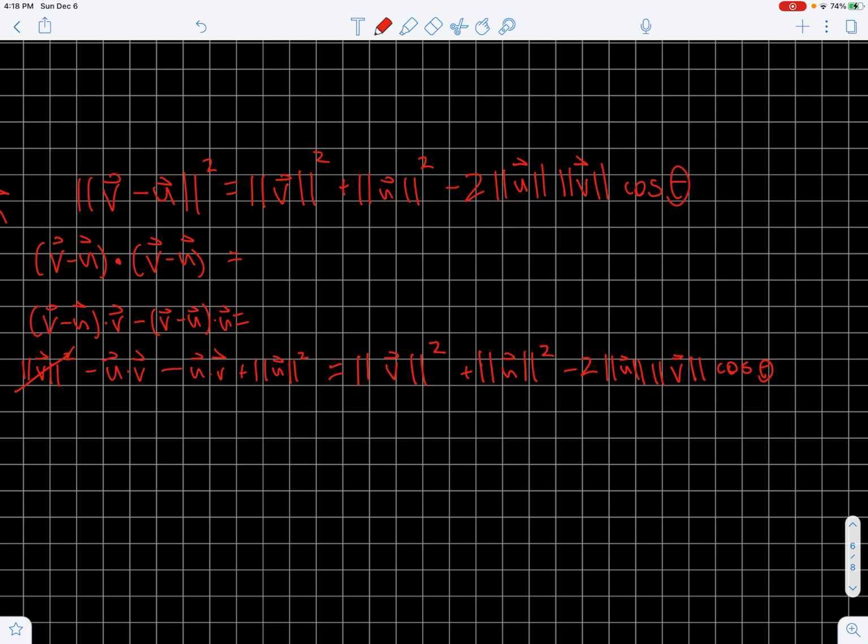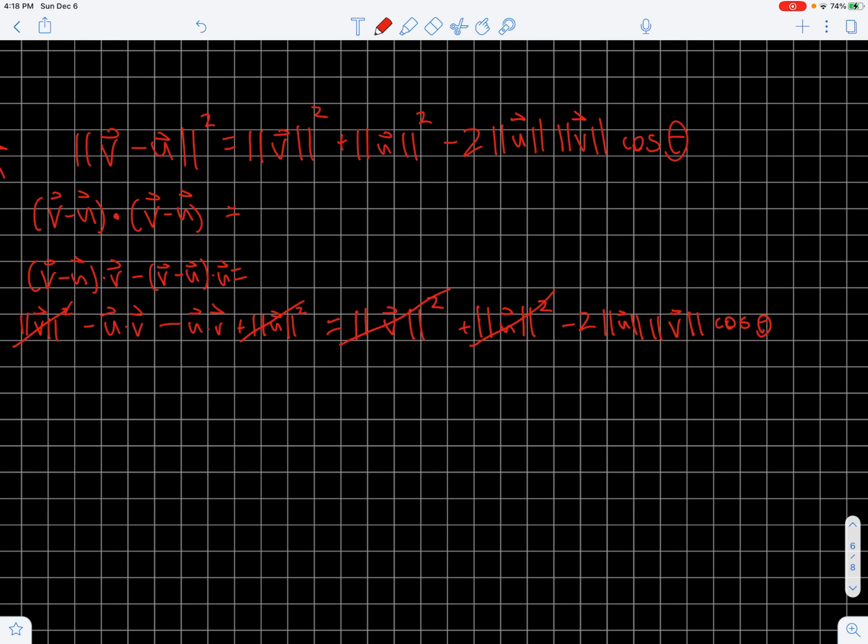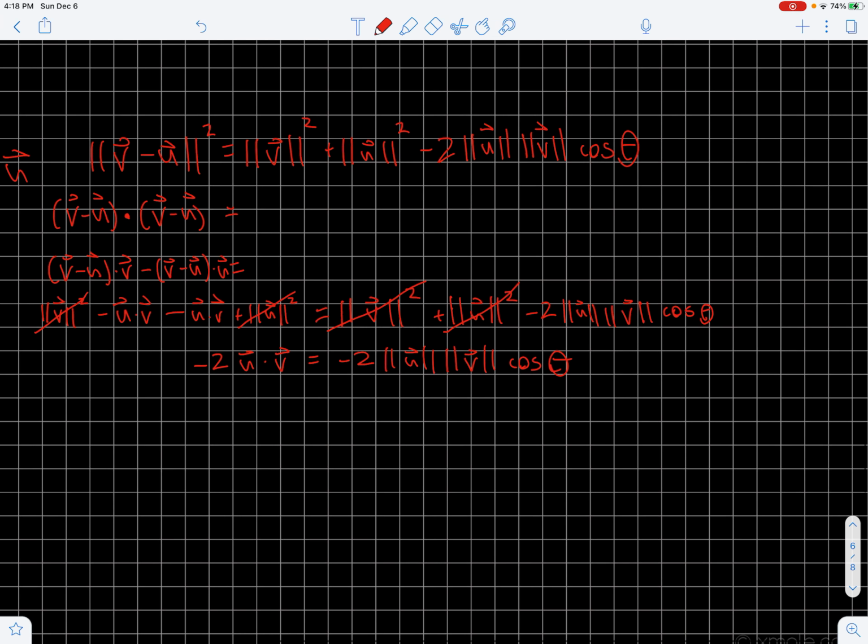All right, we've got a v squared on this side and a v squared on this side. We can cancel those out. We've got a u squared on this side and a u squared on this side, so we can cancel those out too. So that leaves us with negative 2 u dot v equal to negative 2 norm of u times the norm of v times the cosine of theta, and get rid of the negative 2 on both sides, and we are left with our end result.